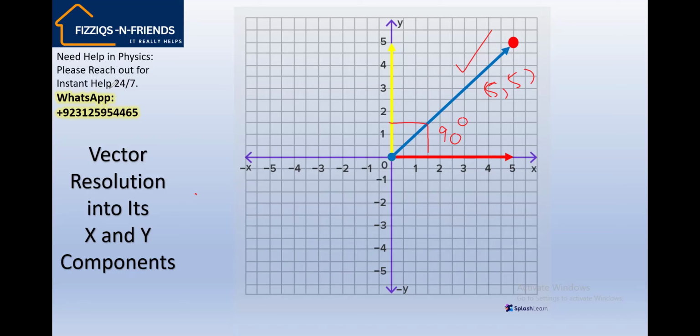So for example, I'm making these two vectors and I'm making a full square now. There is something you need to understand here. For example, you have theta here. So what should be your cos theta?